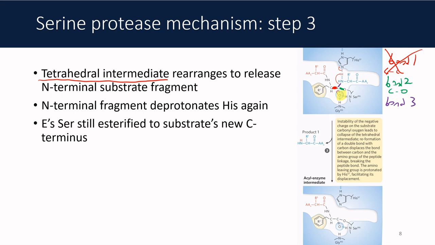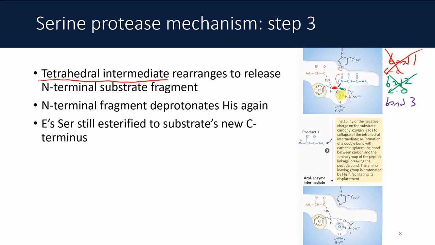And you know what? That's not impossible. An alkoxide can be a leaving group. It's frankly a very poor one, but guess what? If we do that, we just essentially go back a step, and we still have a deprotonated alkoxide that's just going to attack again and reform our tetrahedral intermediate. So if it does break, that's not going to be a permanent end result.